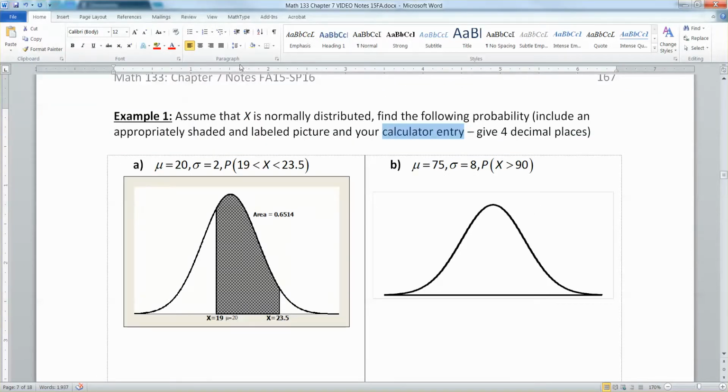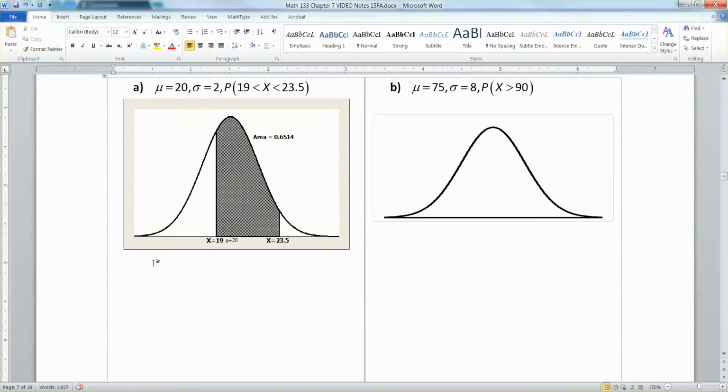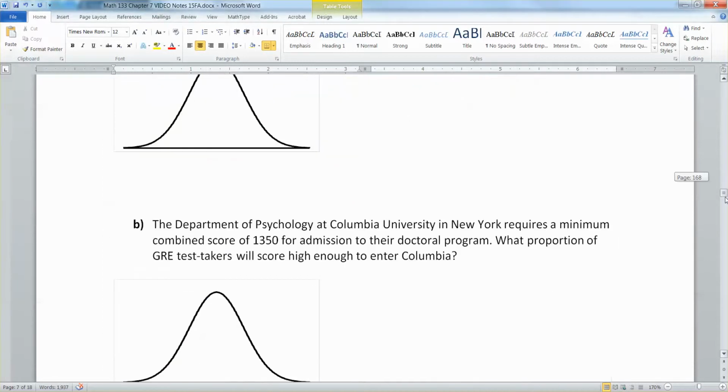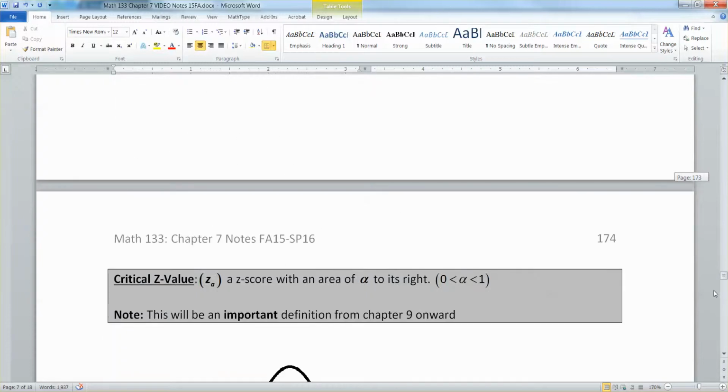All right, so I want to find this area, and I need to state my calculator entry. The calculator entry is what I put into the calculator to find this, and that's going to be using normalcdf. So the way normalcdf works, let me show you from the decision matrix at the end of chapter 7.2. Let me scroll down so you can see it in the notes.